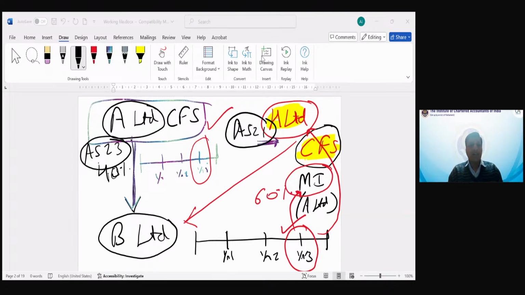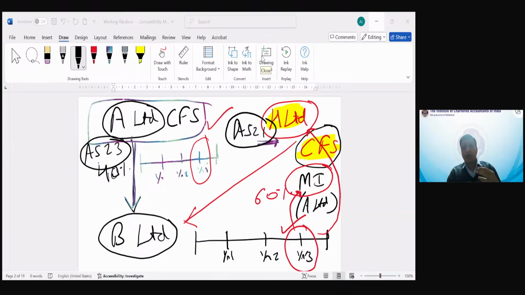So Bhavna is clear on this. What about others? Quickly. Okay, so Preeti is also clear. Kasak is also clear. Great. So if you are clear, then we can just take a break now. And after the break, we'll move on to our next topic, AS 27.